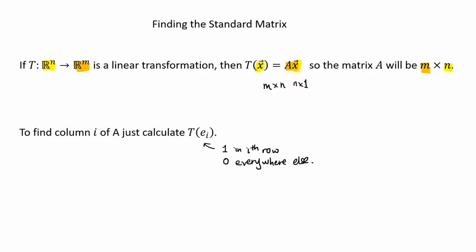Okay, so we're going to calculate the image of ei under the transformation T, and that's going to make our ith column. Let's see this in some examples.